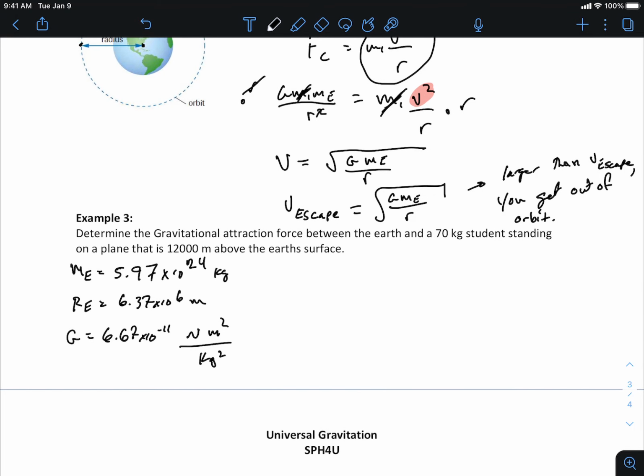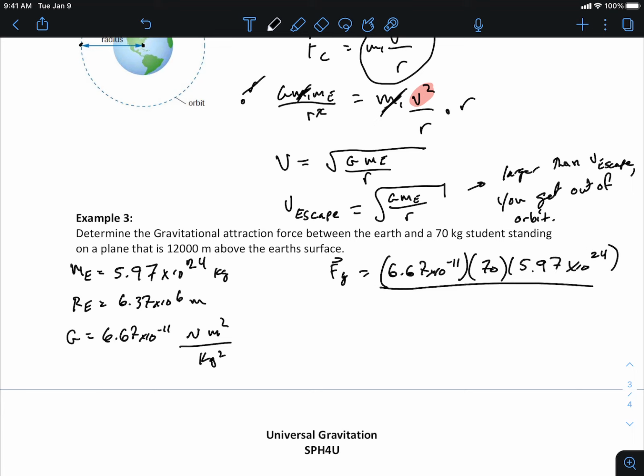Okay, so we're just going to apply our equation again. The force of gravity that I'm experiencing now.